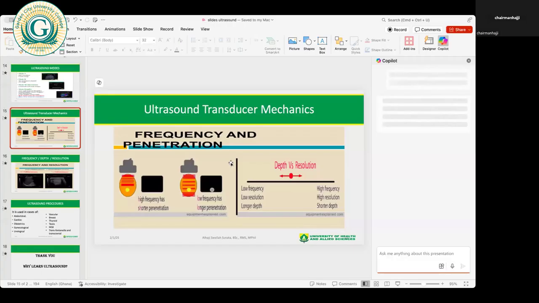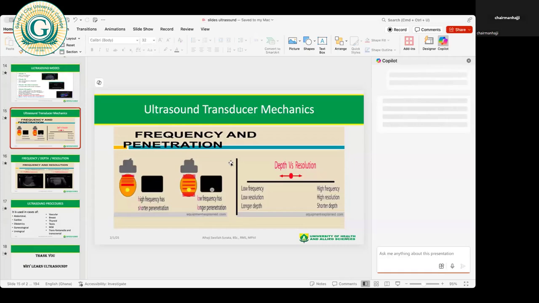So if, for instance, the 15 megahertz can only see up to the abdominal muscle of your body, looking at a fetus, then the 2 megahertz one would see past the abdominal muscle, go into the abdominal cavity proper, go into the uterus, and see the fetus, and even go far beyond the uterus to even visualize the maternal spine.